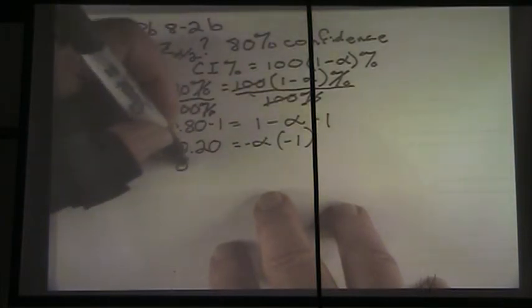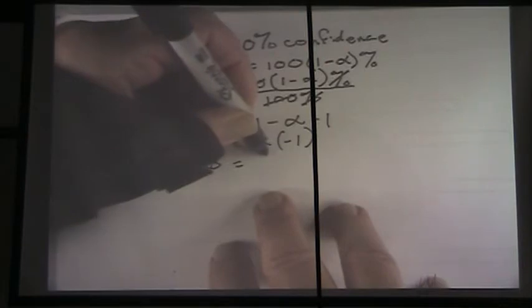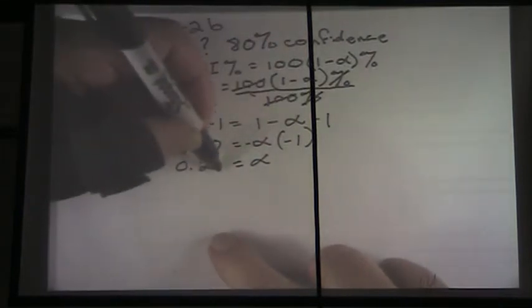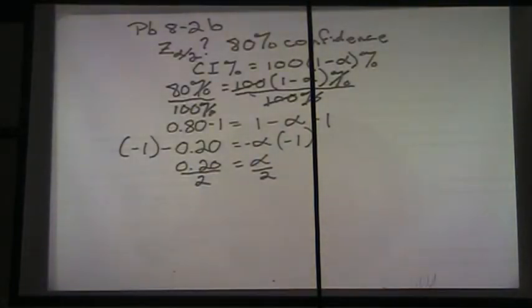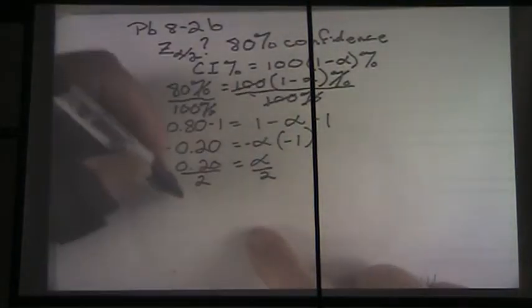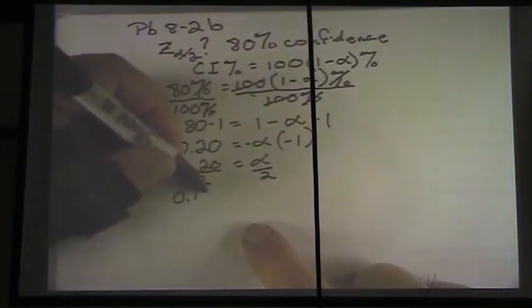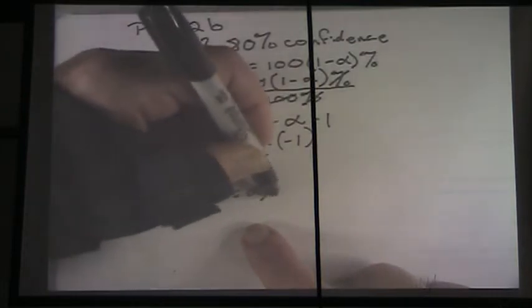So now I've got 0.20 equals alpha. Now I'm going to divide through by 2. When I do that, on this side, obviously, I get 0.10 equals alpha divided by 2.